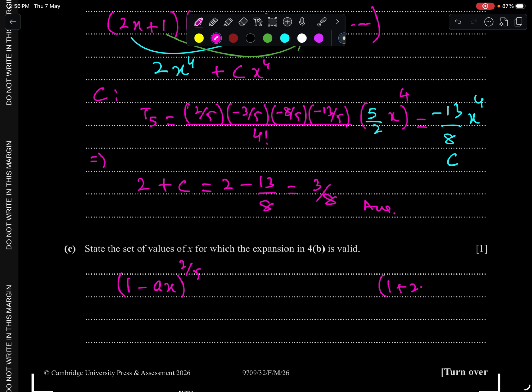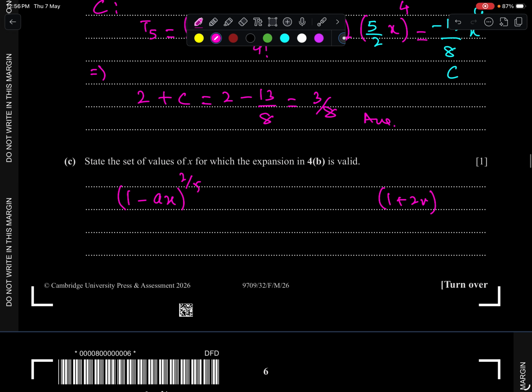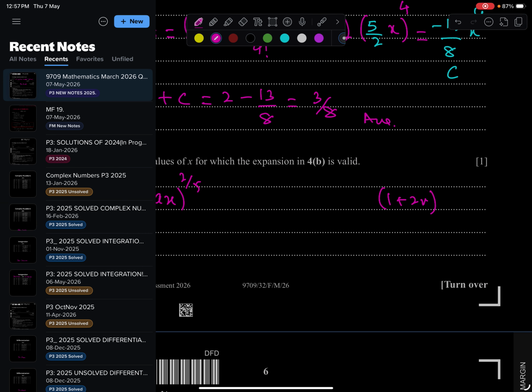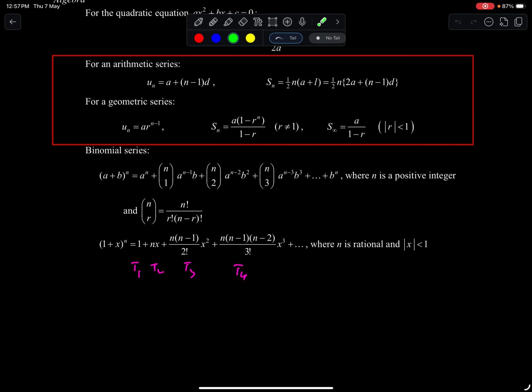1 plus 2x. Okay. Now use this concept. Binomial expansions, when first term is 1 and this expansion is valid for these values. Modulus x less than 1. Now use this thing.